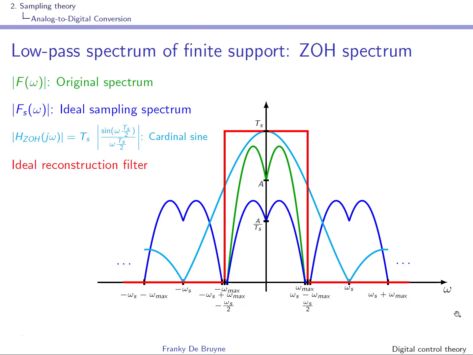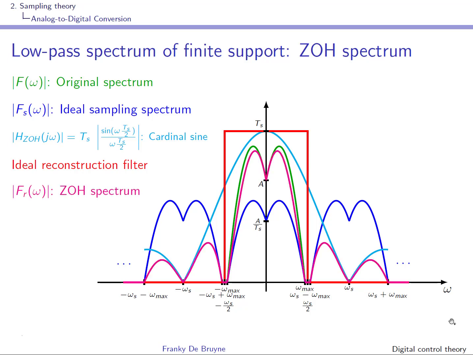You can see here in this amplitude spectrum that the ZOH reconstruction is only a very crude approximation of the ideal reconstruction filter, but at least this ZOH reconstruction can be implemented very easily in the time domain.